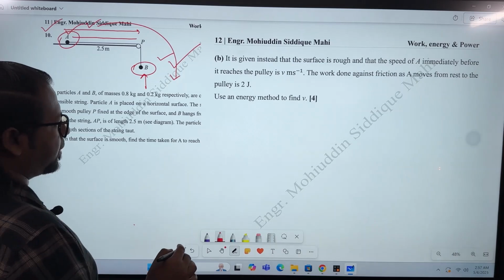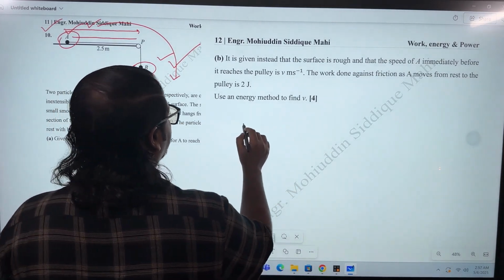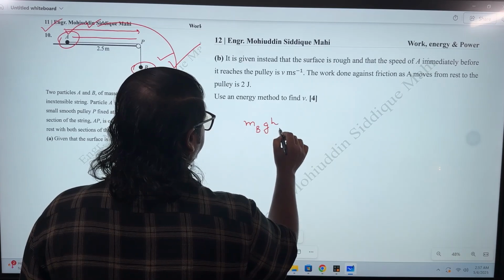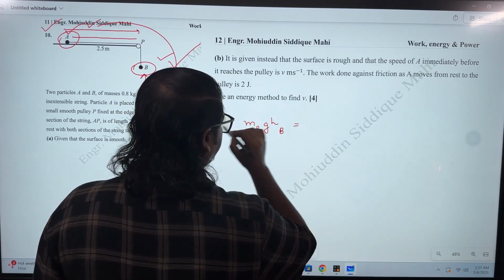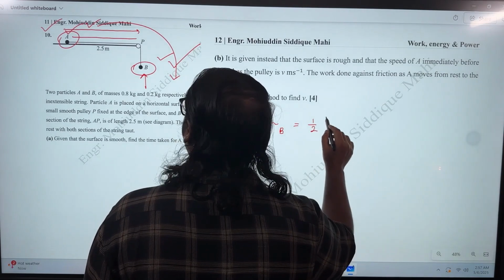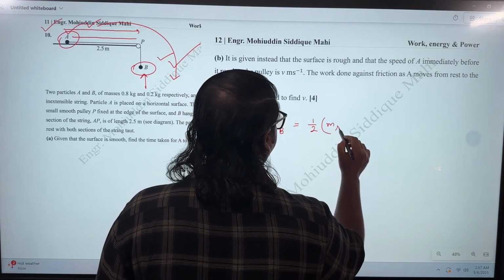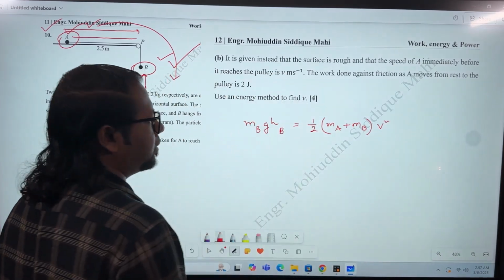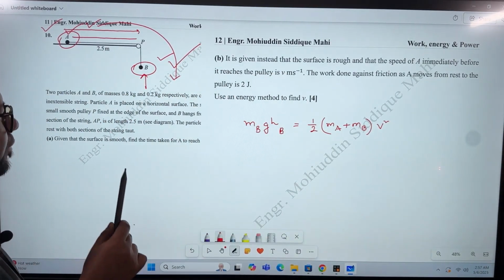So you can write an equation like that: loss of gravitational potential energy of B, that energy will be converted to the kinetic energy of the system. And the speed of both objects will be the same, v.